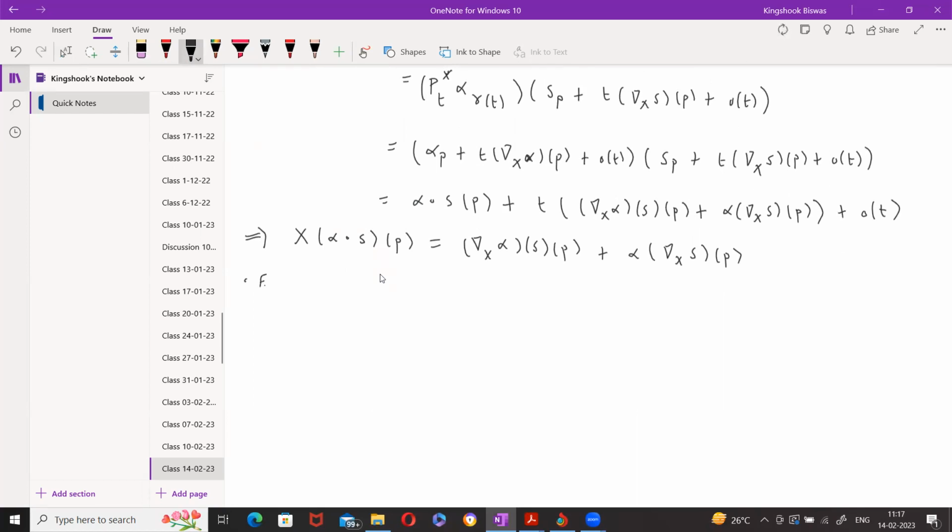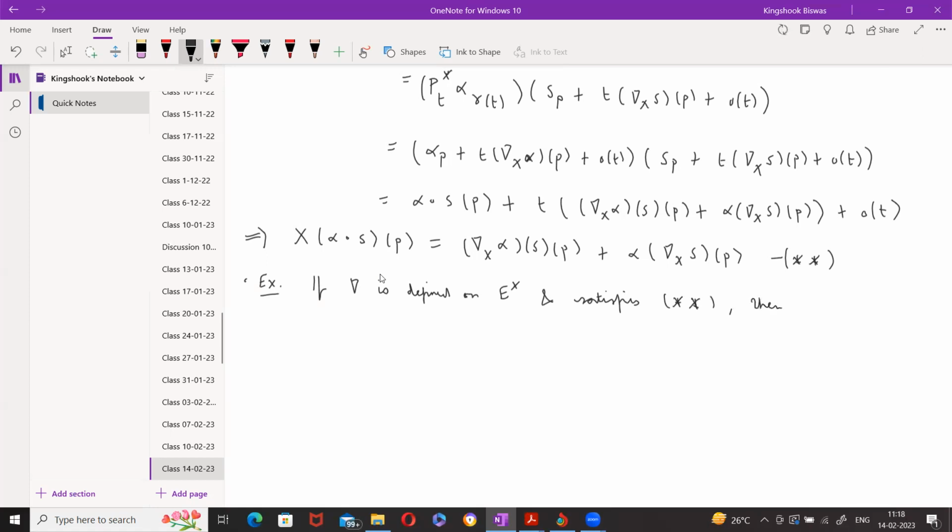So, exercise. If nabla is defined on E star, let me call this equation, this Leibniz rule, double star, and nabla satisfies double star.